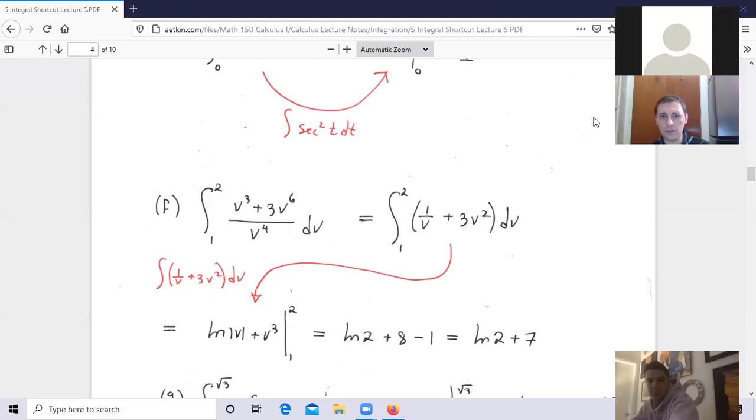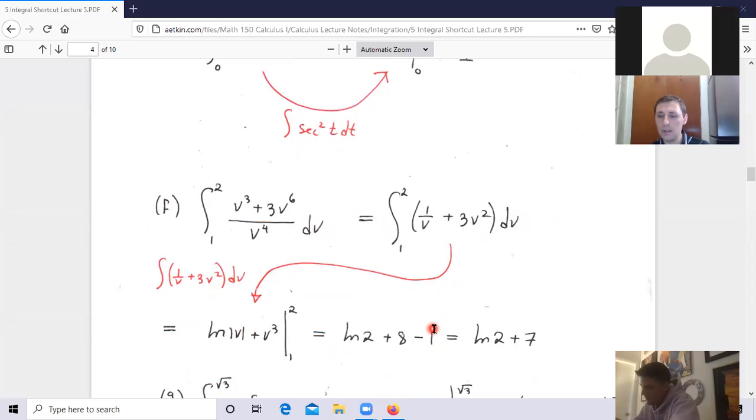And then I evaluate it from 1 to 2. You see, guys? I plug in 2, so it will be ln of 2 plus 8 minus, when I plug in 1, I get ln of 1 is 0 and 1 cubed. So it would be ln of 2 plus 8 minus 1, or ln 2 plus 7.